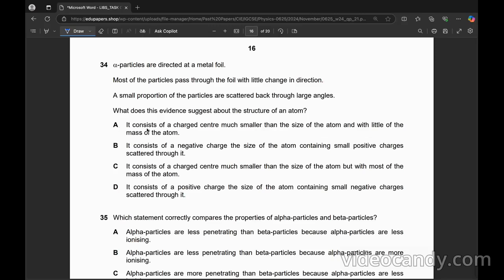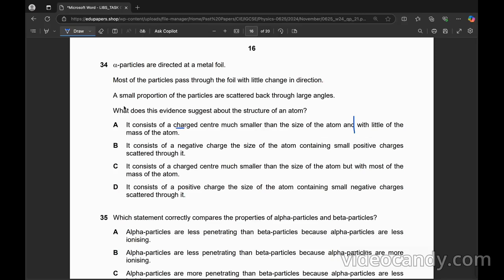A. It consists of a charged center, much smaller than the size of the atom, with little of the mass of the atom. Now, up to this point, it was okay, it was correct. But actually, the nucleus is really dense. Even though it's small, it occupies most of the mass of the atom, so A is wrong.